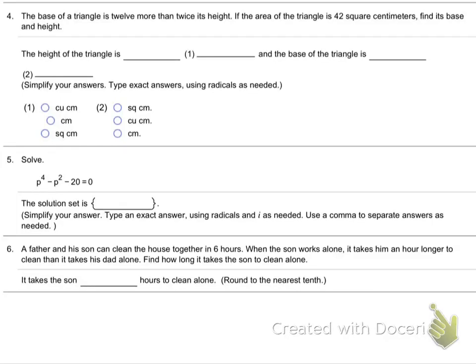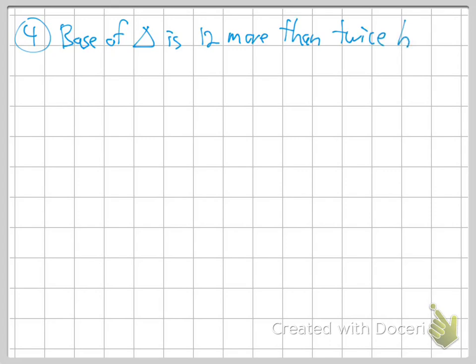Okay, so the base of a triangle is 12 more than twice its height. Area is 42. I'm gonna write that out. Base of a triangle is 12 more than twice the h, the height.